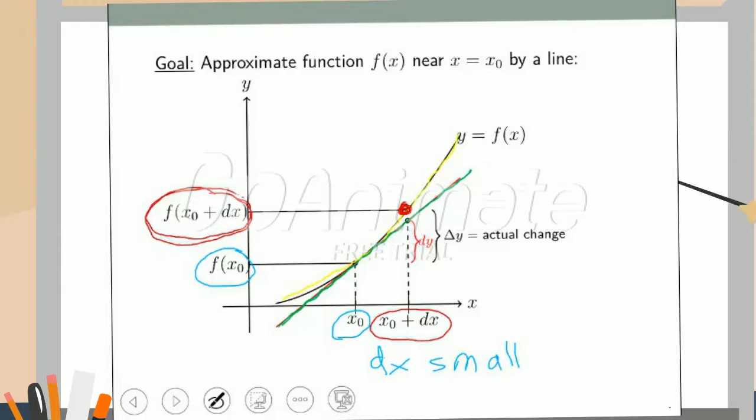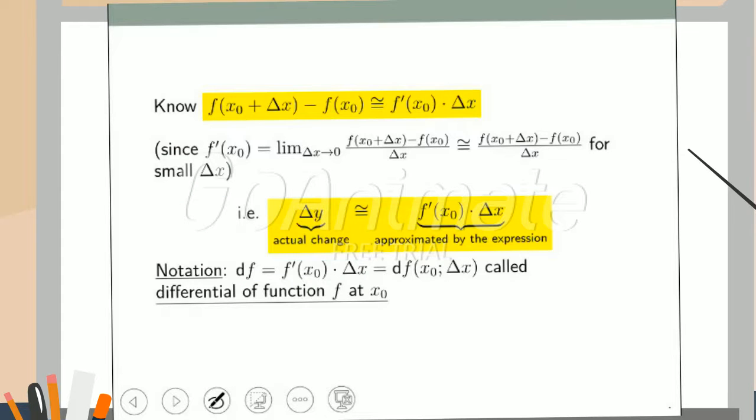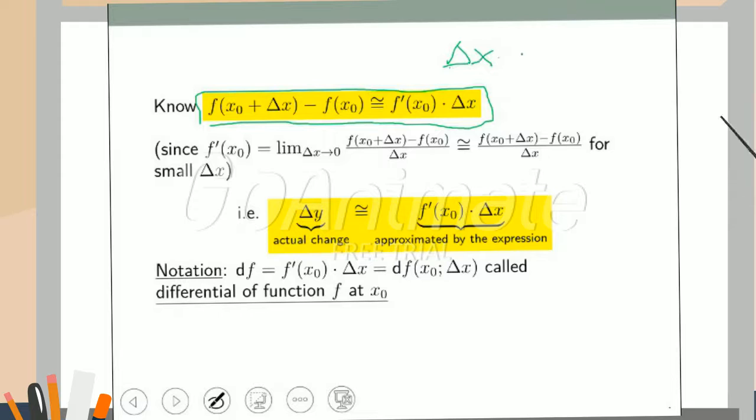So what we have is that f at x naught plus change in x minus f at x naught is approximately equal to the derivative, f prime at x naught, times the change in x. So in the graph here, change in x is equal to dx.